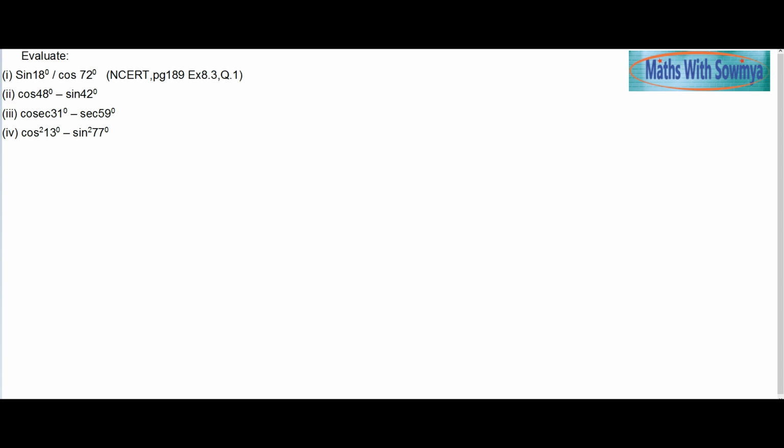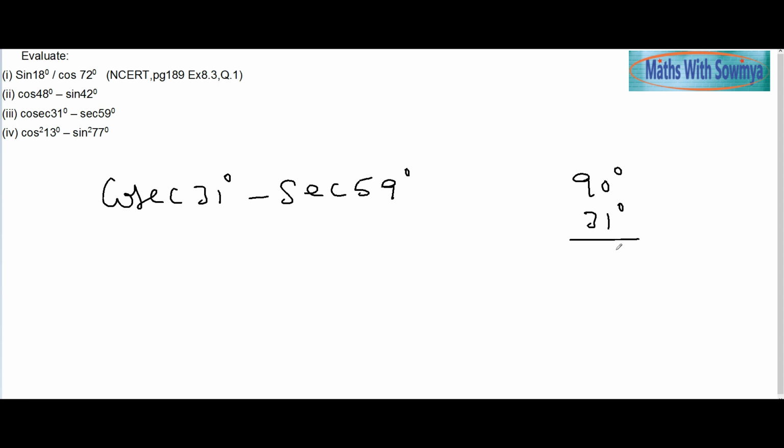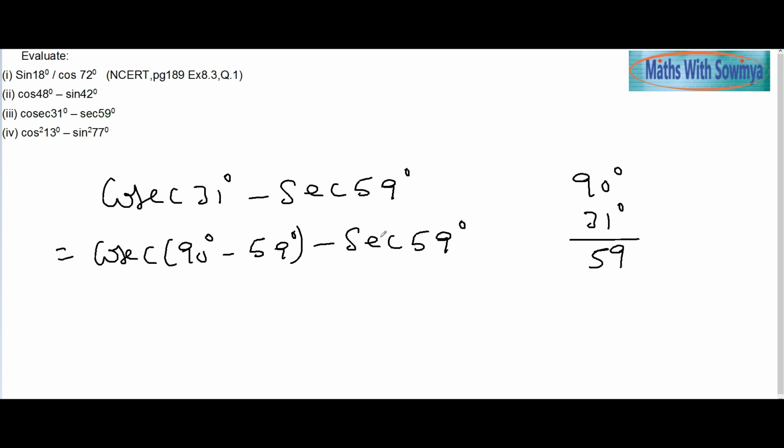Third one says cosecant 31 degrees minus secant 59 degrees. Again the same, 90 minus 31 gives 59. So cosecant 31 can be written as cosecant of 90 degrees minus 59 degrees. This is secant 59 degrees.